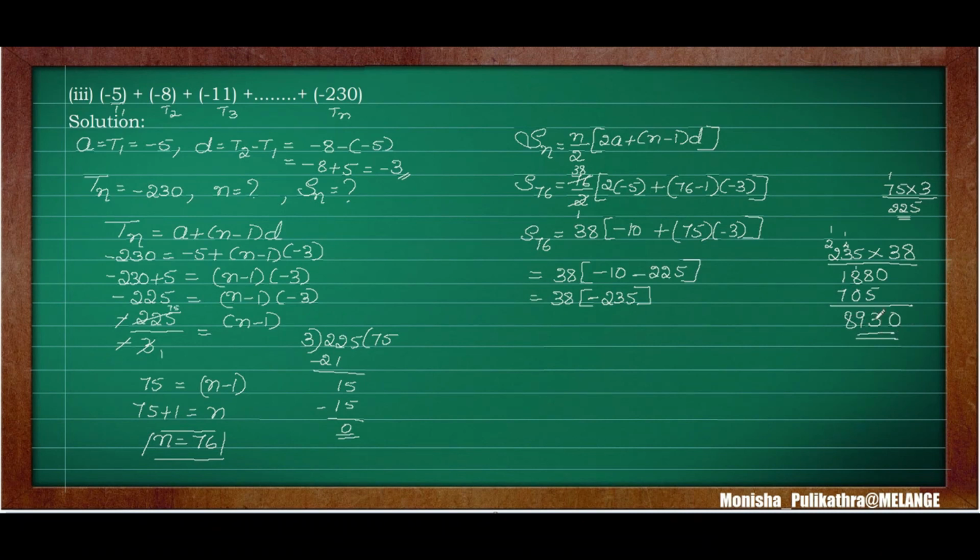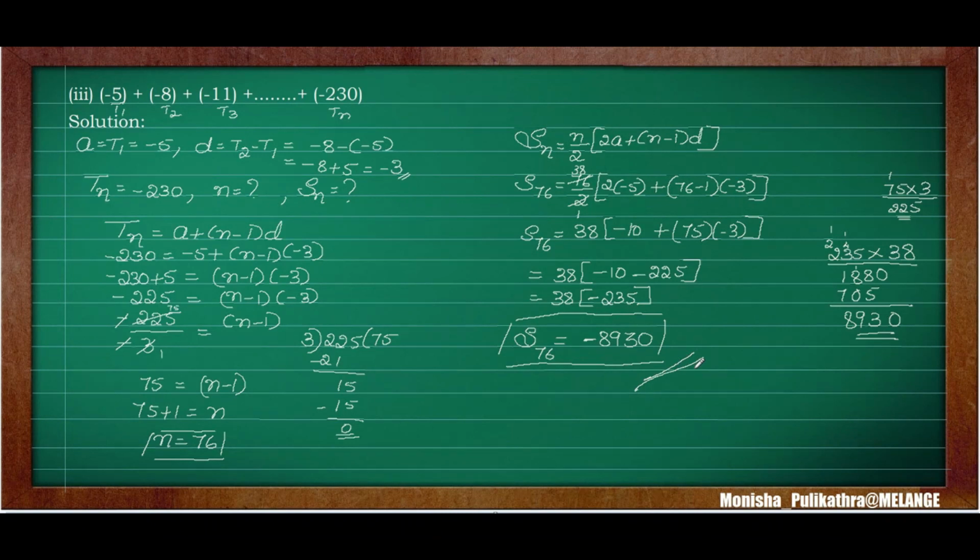This is 8930. So S76 is 8930. Don't forget to write this minus symbol. We need to retain that minus symbol here. So the answer for the sum of 76 terms is minus 8930.